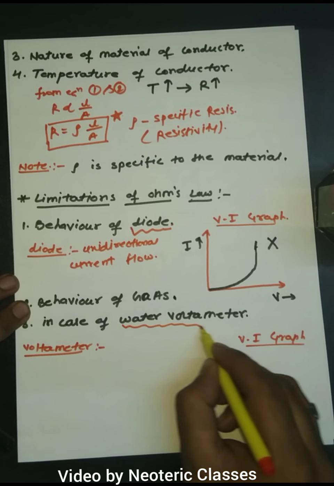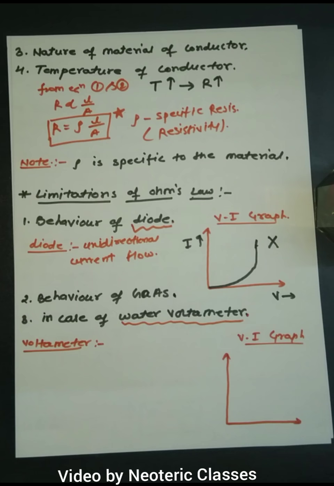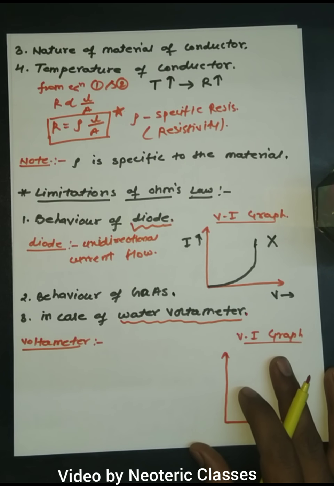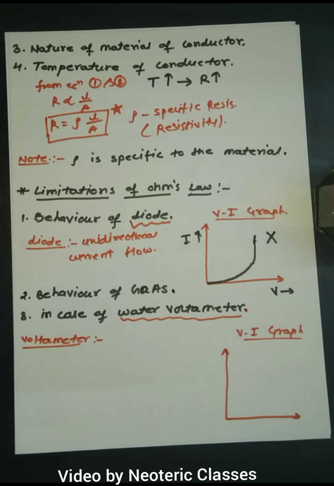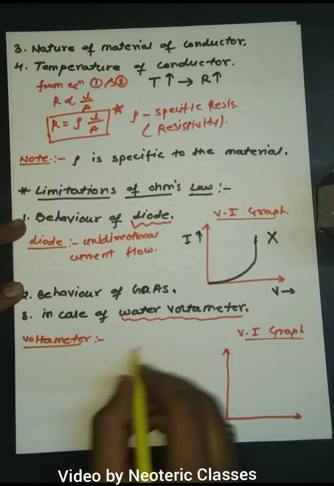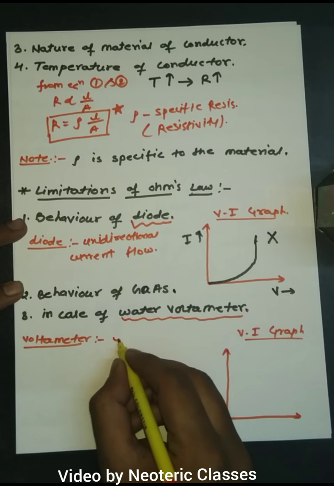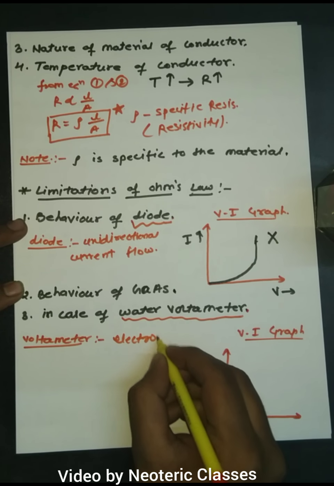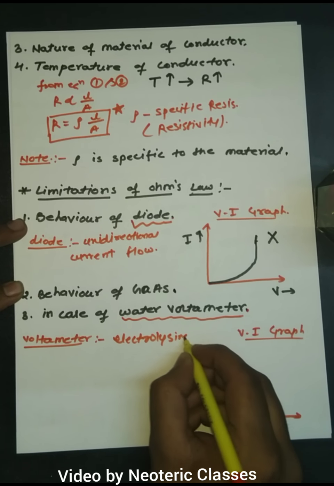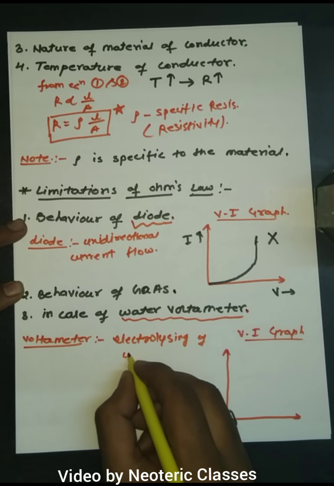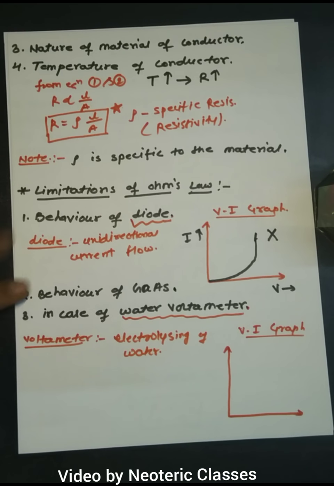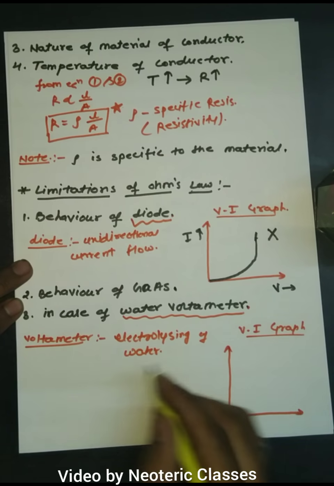Okay friends, the third thing is the case of the water voltameter. Again, this water voltameter is quite a new word for you. No need to think much, just remember this name. What is the water voltameter? It is the process in which we are electrolyzing water.